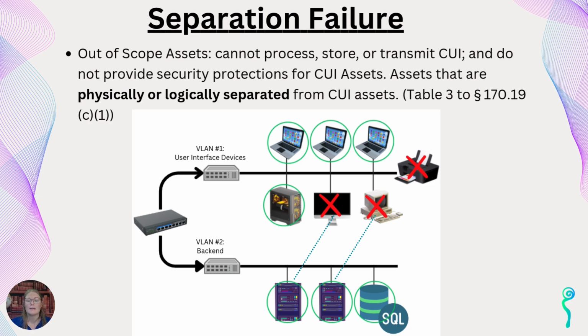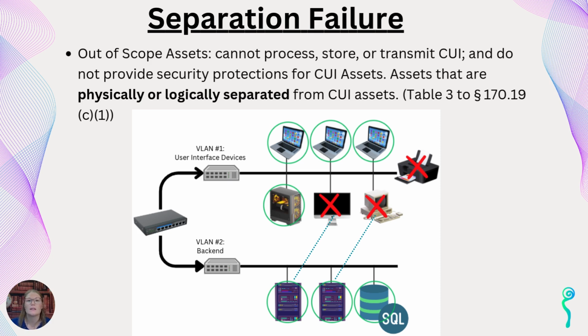is that it's not enough to say an asset in your environment does not store, process, or transmit CUI information. It's not enough to say that users do not use that asset to access CUI information.